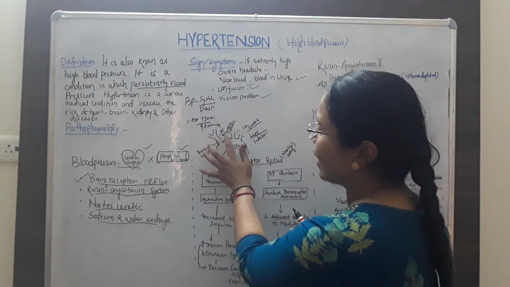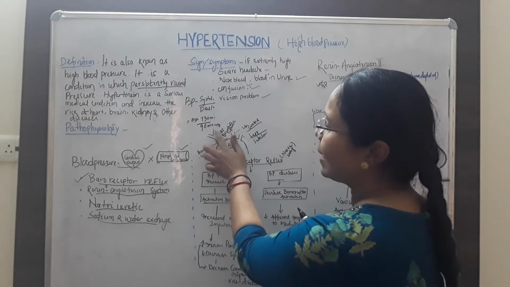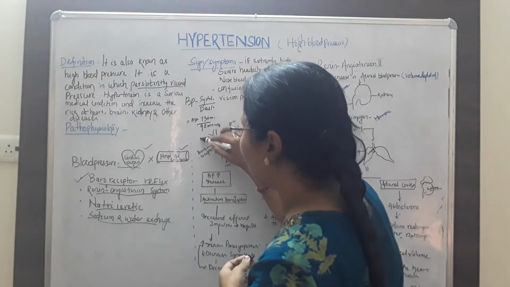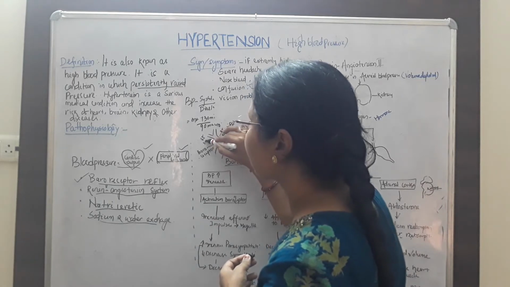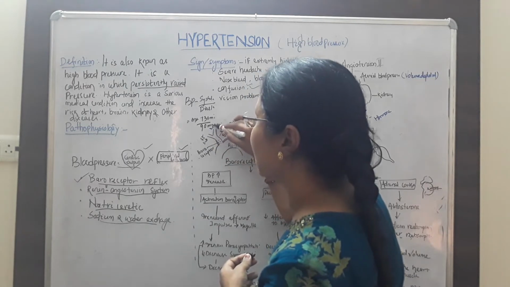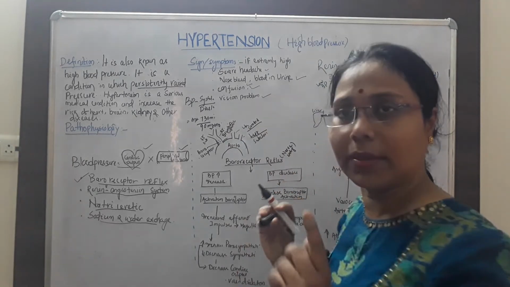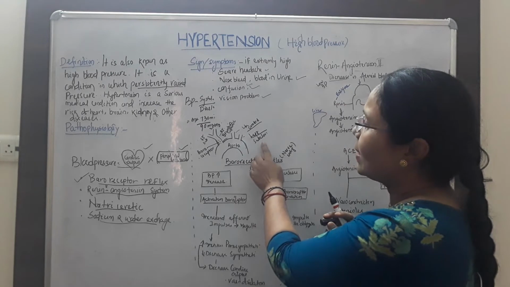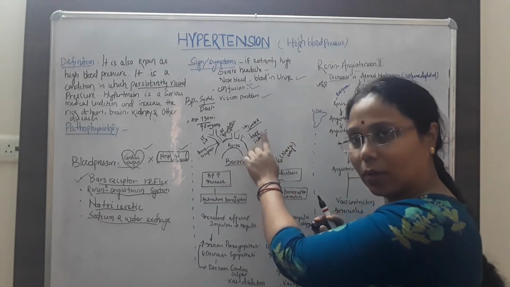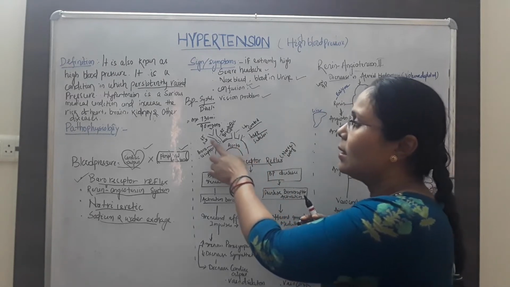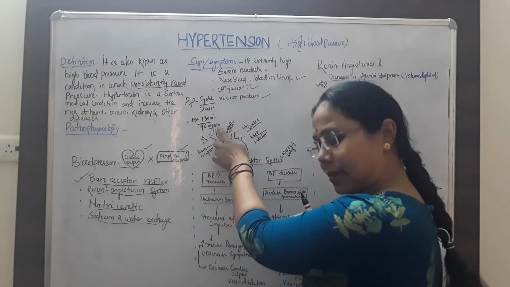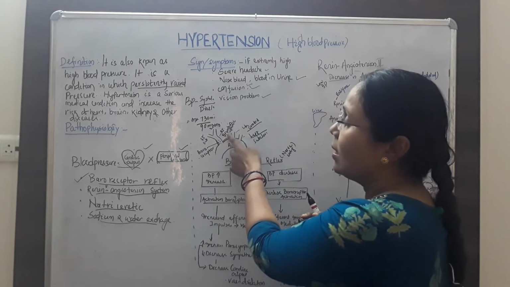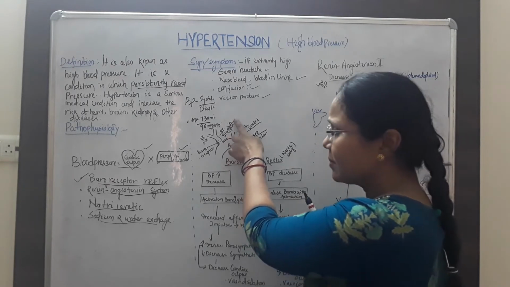From the right brachiocephalic, two branches open, the right carotid and the right subclavian. It is one of the objective type questions in exams that the left subclavian and left carotid open directly from the aorta, but the right subclavian and right carotid arise from the right brachiocephalic artery.